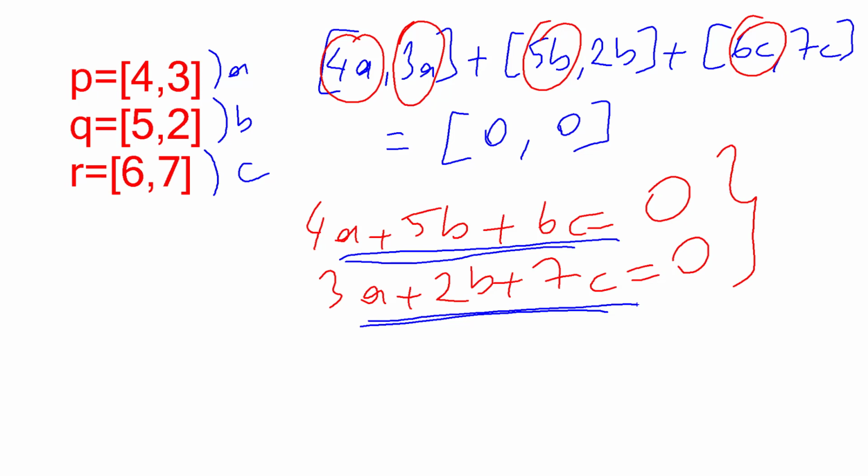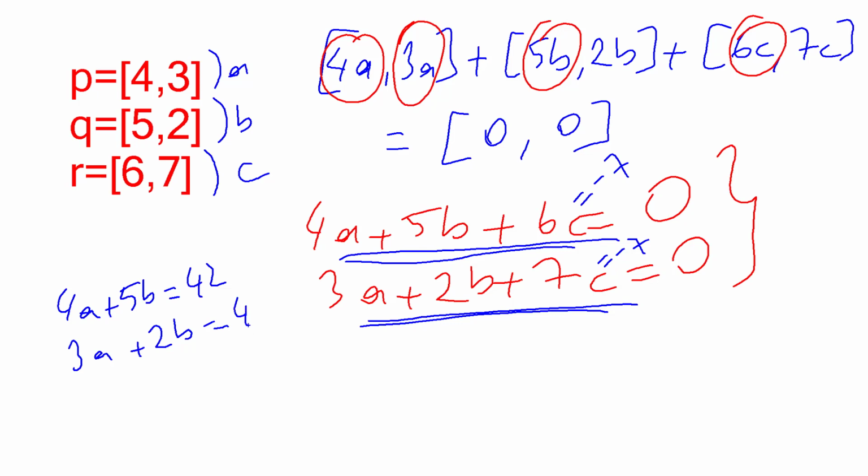I'm going to arbitrarily pick c equals -7. It doesn't really matter what you pick so long as it's not 0. The goal is to find some example values of a and b. After I plug -7 into the equations, I get 4a plus 5b is equal to 42, and 3a plus 2b is equal to 49.